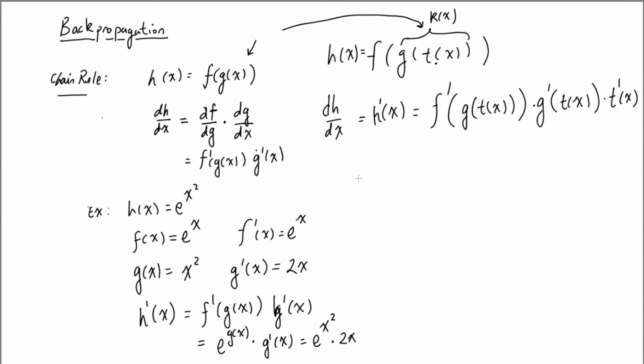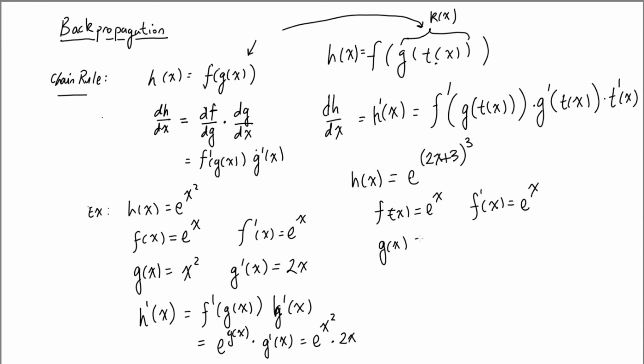If I had a function, let's just do an example as well, e to the power of (2x plus 3) cubed. In this case, we still have f of x being the exponential function, so the same derivative.